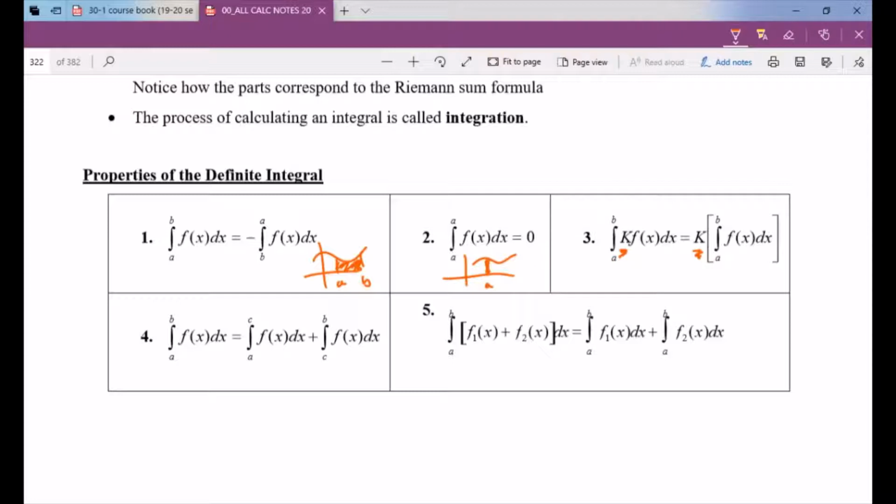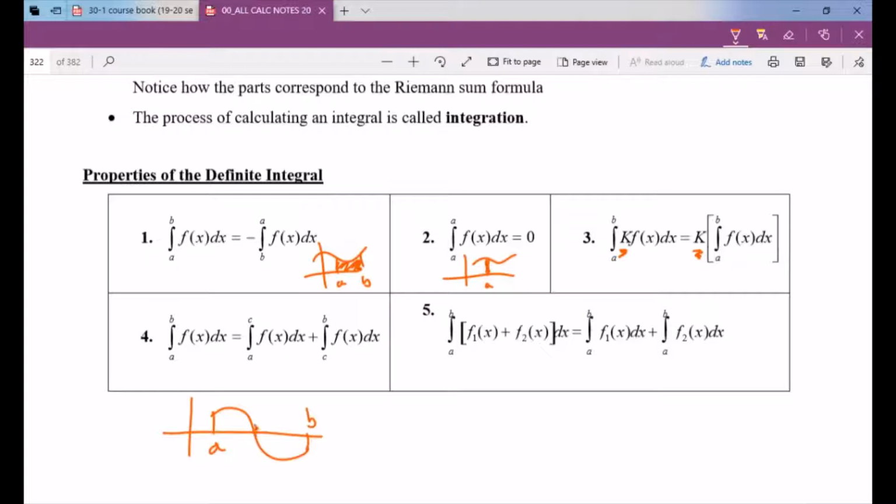Number 4 tells us the integral from a to b is equal to the integral from a to c plus the integral from c to b. That comes in handy when we're going to look at something like this. If here's a and here is b, and we just added all of this together, the positive and the negative amounts would end up adding to 0, or not giving us the full area.